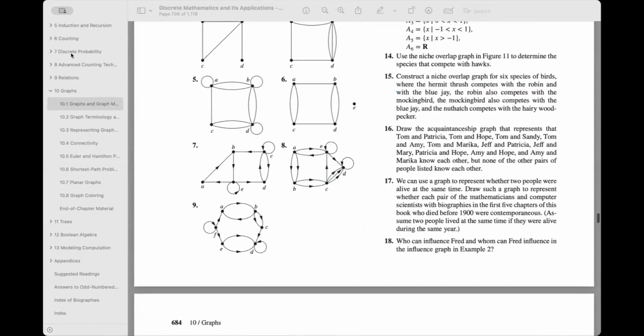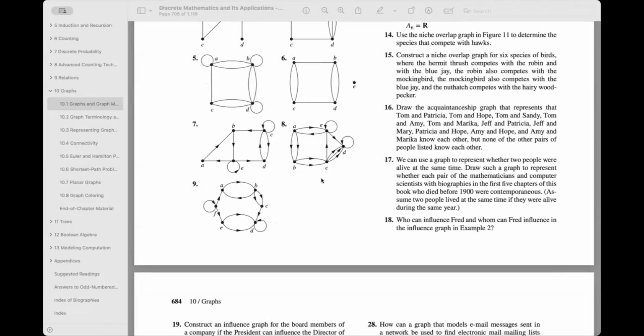So let me see. So 7 is a multigraph. 8 is a multigraph as well. Let me look at 9. I think 9 is also a multigraph because I don't see a mix of directed and undirected edges. Sorry, that was my bad. But yes, in multigraphs, for directed graphs, you're allowed to have loops. All right, then I'll move on to 10.2.